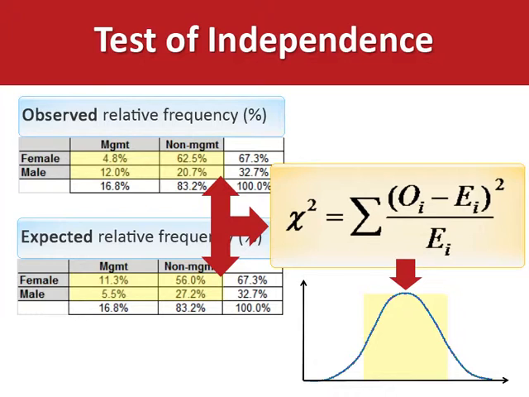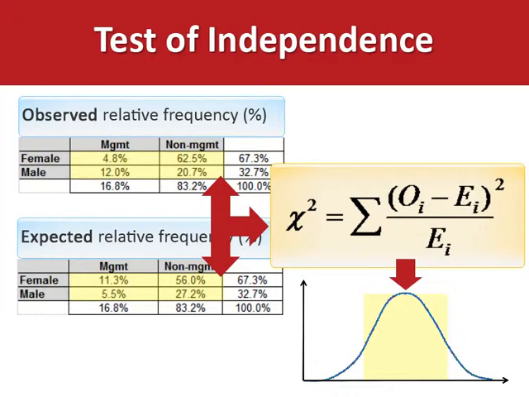On the other hand, if we get a huge chi-squared statistic, then we're less certain about this independence assumption, and we would conclude that the two variables are dependent in some way. We don't know how, but they're certainly not independent.